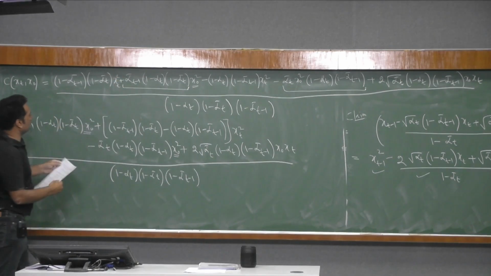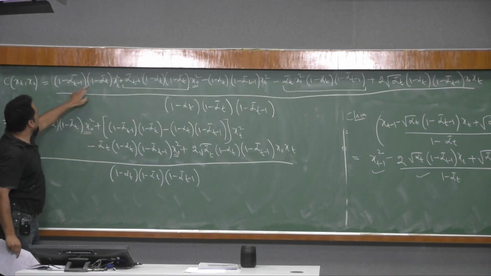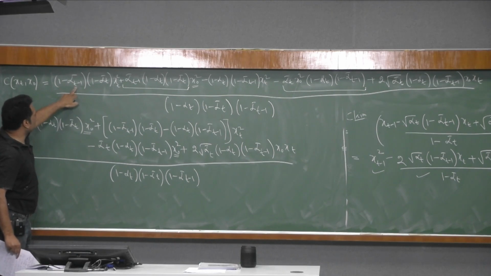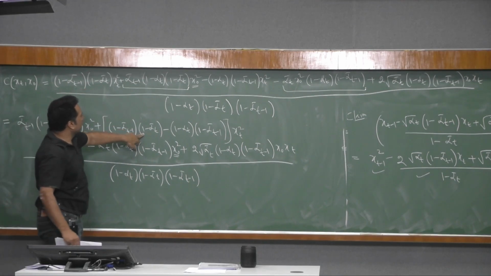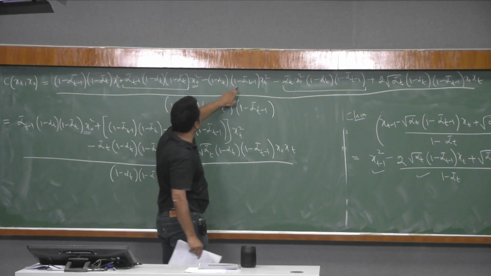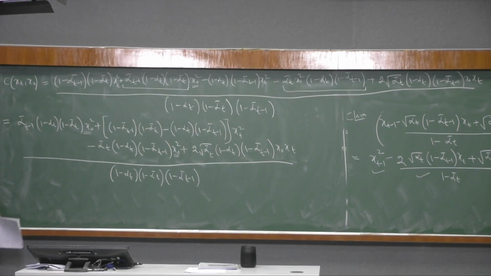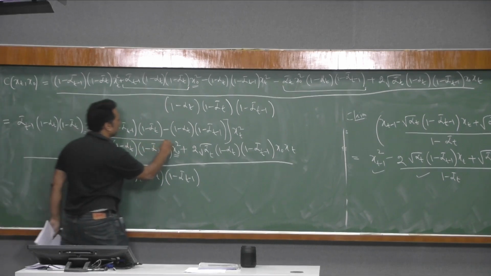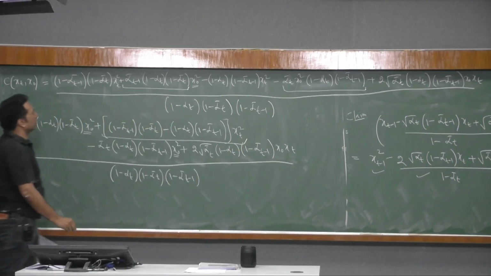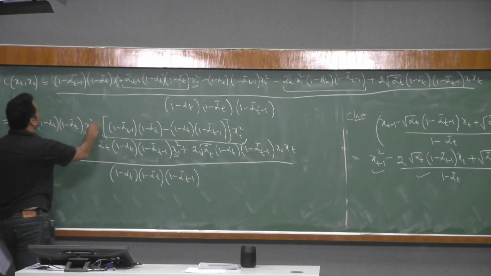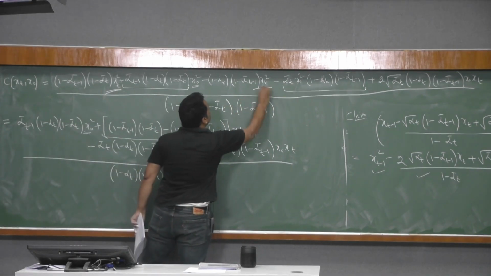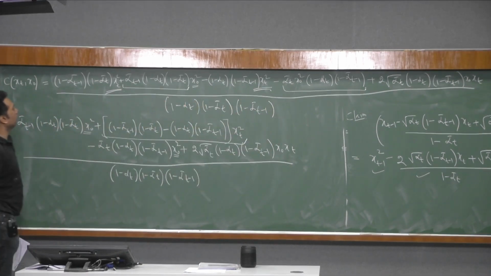That's why another xt square term is here: 1 minus alpha bar t minus 1 minus alpha bar t, and then minus 1 minus alpha t, 1 minus alpha bar t minus 1. So only xt square has been taken common in this step. Other terms remain the same. So you just focus here on xt square. Basically this term and this term have been combined.